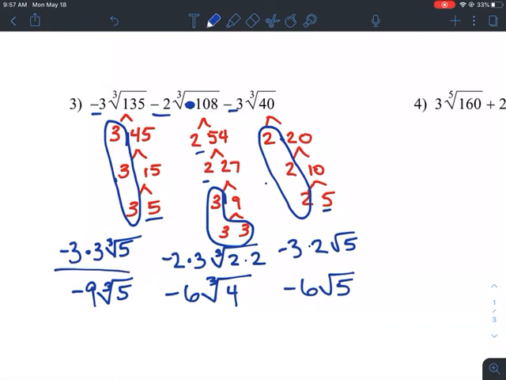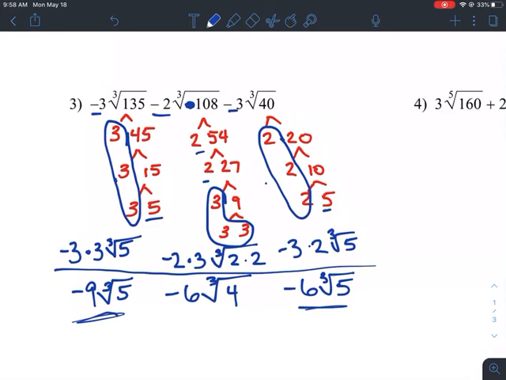Okay. So we're looking at these bottom 3. Now remember, I forgot my little cube. Okay. So I need the same kind of radical, which, hey, they're all cube roots. Cool. But I also need the same number on the inside. So that's going to be these 2 guys.